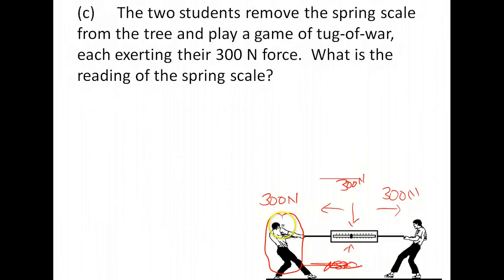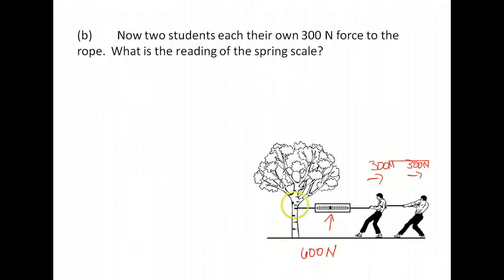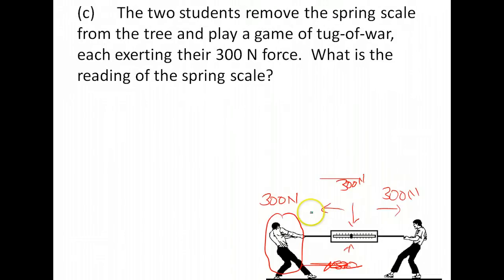So if we look back at B, the tree here is actually pulling back with 600 newtons of force on this one. So this is reading what the force is in one of the directions, only in one of the directions. And that's a little tricky to foresee because we've got Newton's third law acting in on this problem. All right, and that's all we're going to get to for right now.